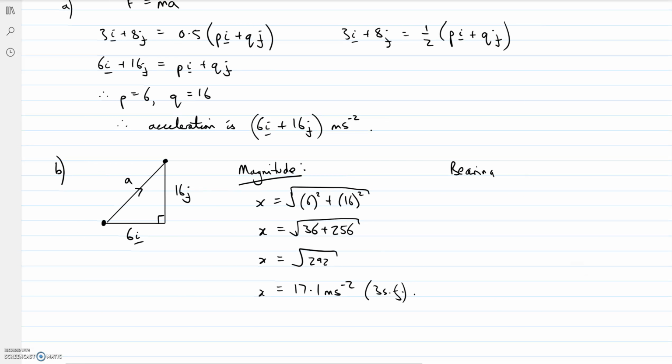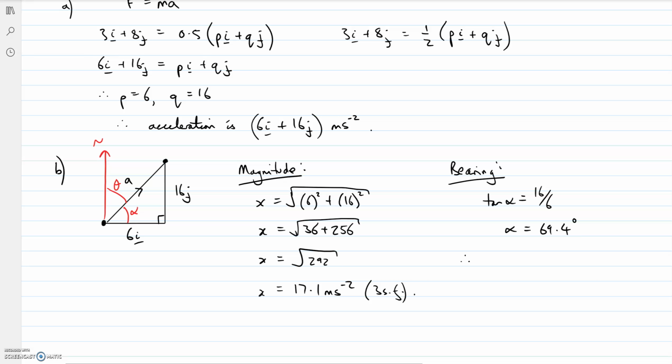So the bearing is an angle, so if we find the little angle here, alpha, then we know if we draw our north line from where the particle starts, the actual bearing there will be that value theta there. So we can do 90 minus alpha. So tan alpha is opposite over adjacent, so 16 over 6. Inverse tan both sides, you get 69.4.